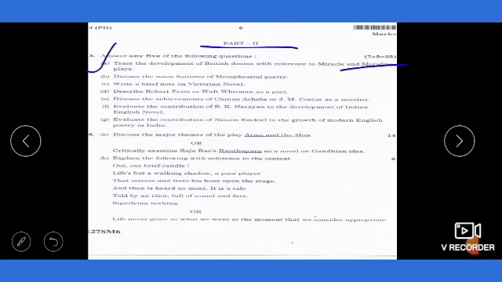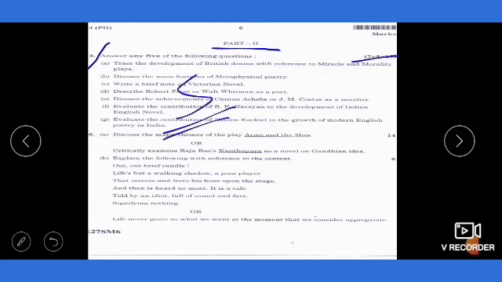Now move to the next question, that is part 2. As I have told you, part 2 question number 5 is of 35 marks. You have to attend 5 questions, each of 7 marks. Okay, and it is compulsory for all.